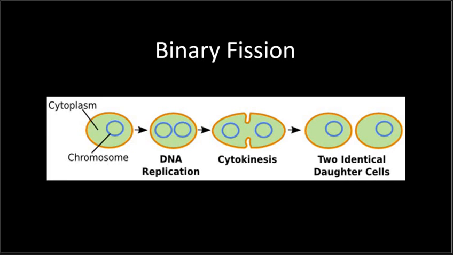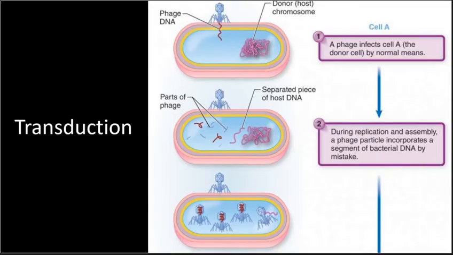Now, the second type of situation we're going to talk about is a little strange. It's called transduction, and this is where you actually have genetic change of bacteria because of a virus attacking them. You see this little creature up at the top that looks kind of like a robot spider?